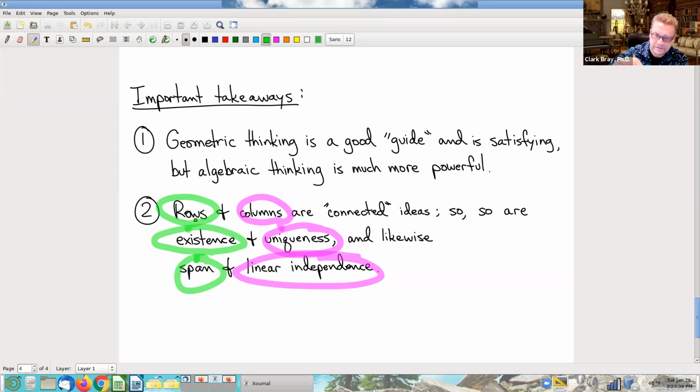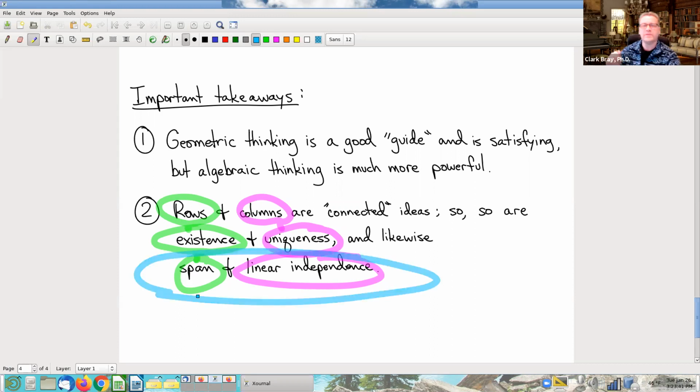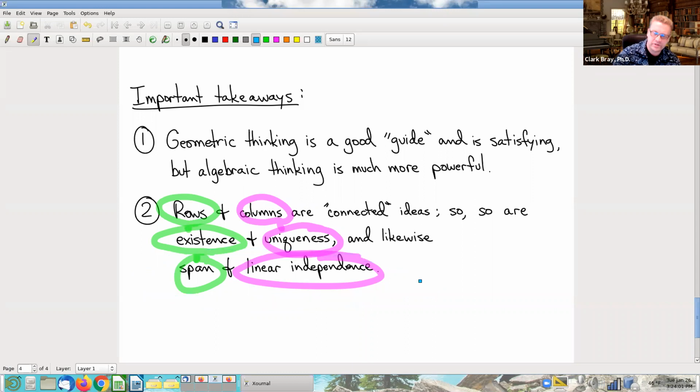So the idea here is that these two questions, the span question and the independence question, seem geometrically different. We talked about that at the time. From a geometric point of view, these seemed to be pretty different ideas. Their definitions both say the words linear combination, but other than that, they don't seem to be particularly well connected. But what we've seen is that they trace back to simply taking different, row versus column, perspectives on the reduced echelon form and where the pivots are.